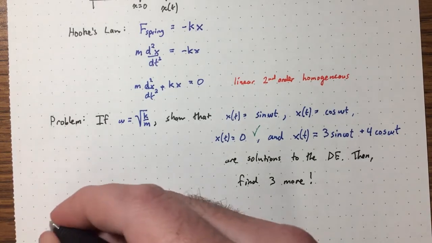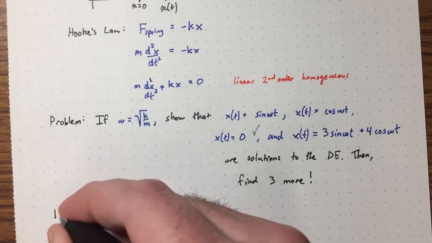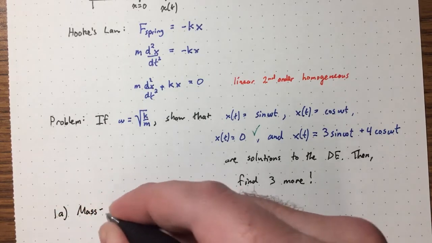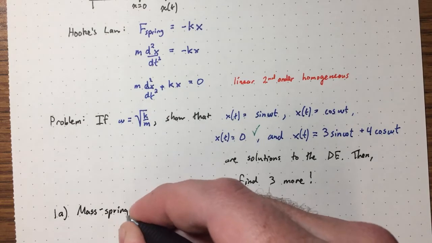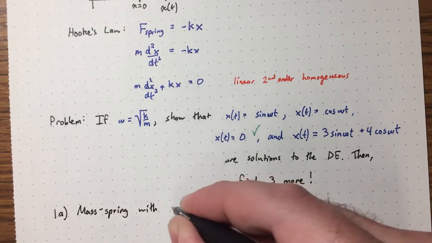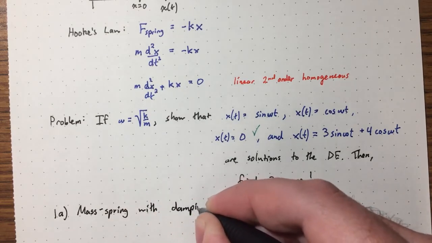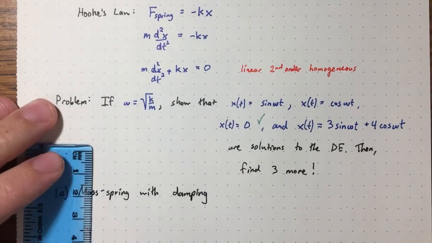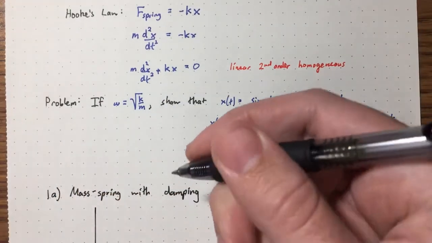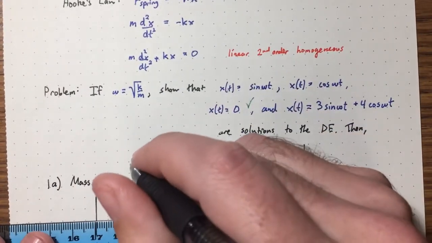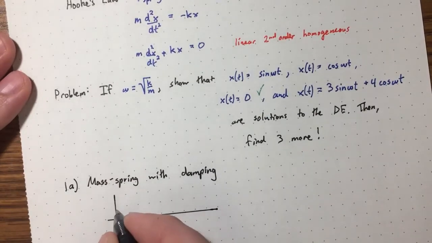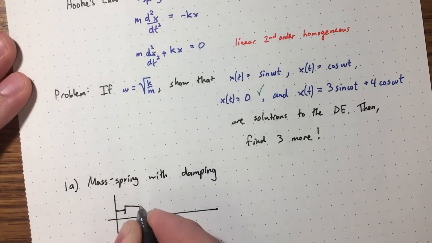I'd like to do another example now. This is actually just going to be the same example with a twist. So this will be the mass spring system with damping. Okay. So I'm just going to draw another picture really quick. I'm going to add something here.